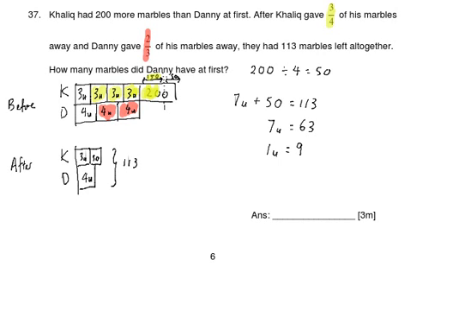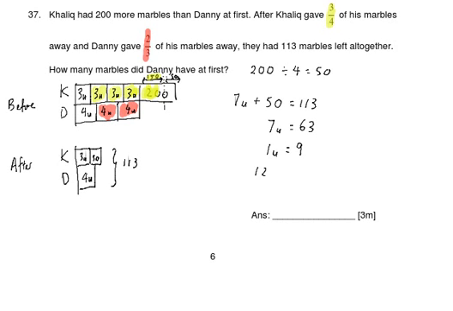So, how many marbles did Danny have at first? I need to go back to Danny at first. We can see that he has 3, 6, 9, 12 units plus how much? 200. So I find my 12 units first. Oh, Danny, sorry. So I shouldn't look at Khalid.